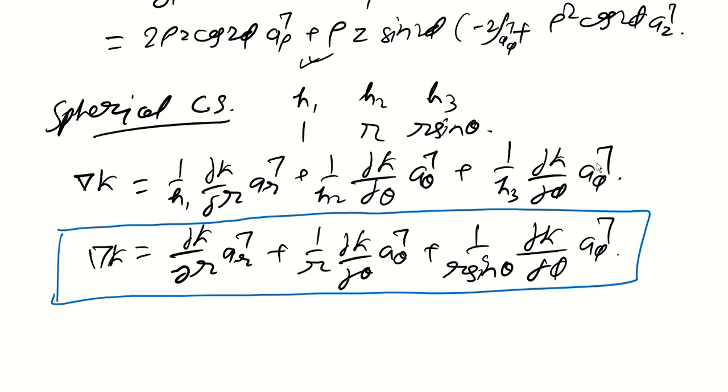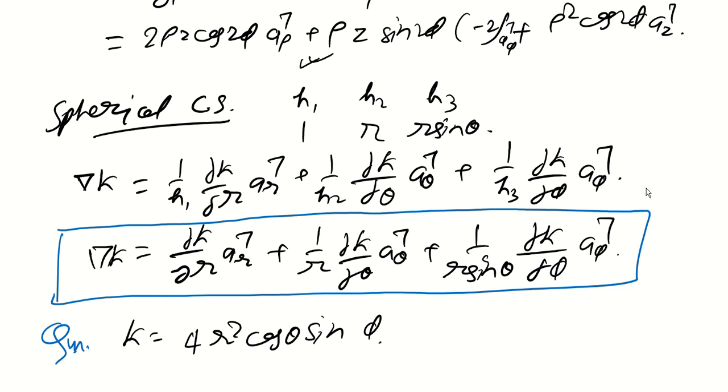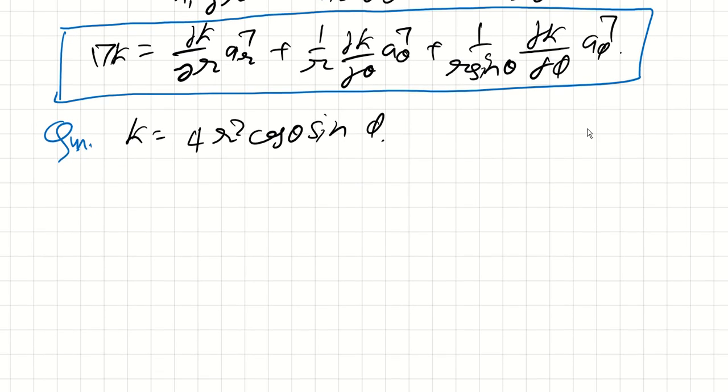So let's take an example. The question is, find the gradient of k where k is given as 4r square cos theta sin phi. Okay. So what we will do?